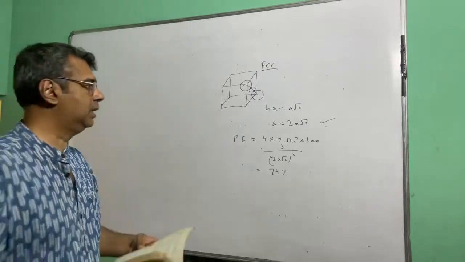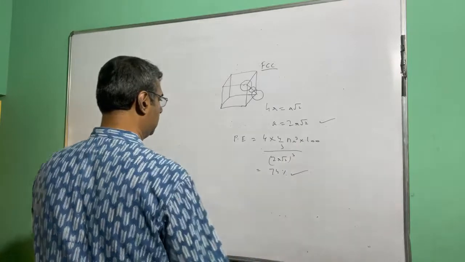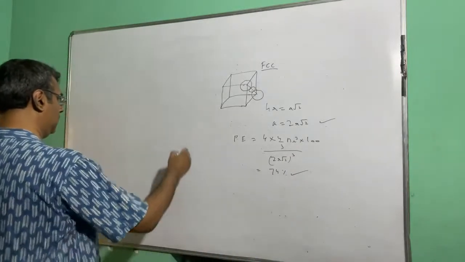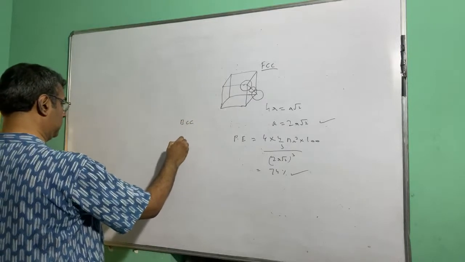So for FCC, the things you have to remember: one is a is 2r root 2, the other is packing efficiency 74%. Next we come to BCC.